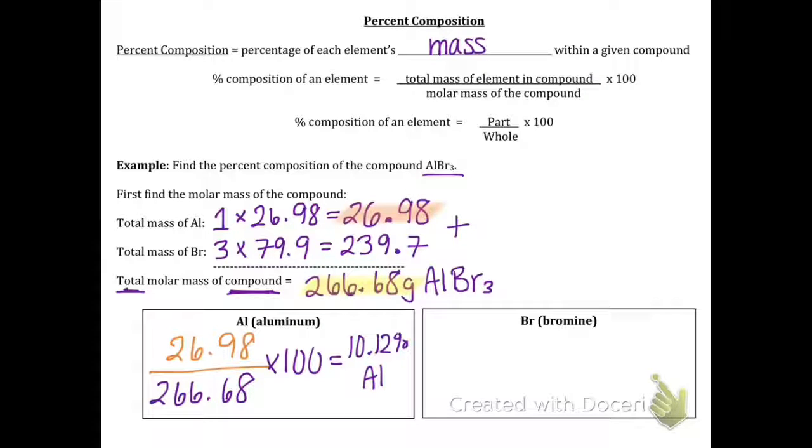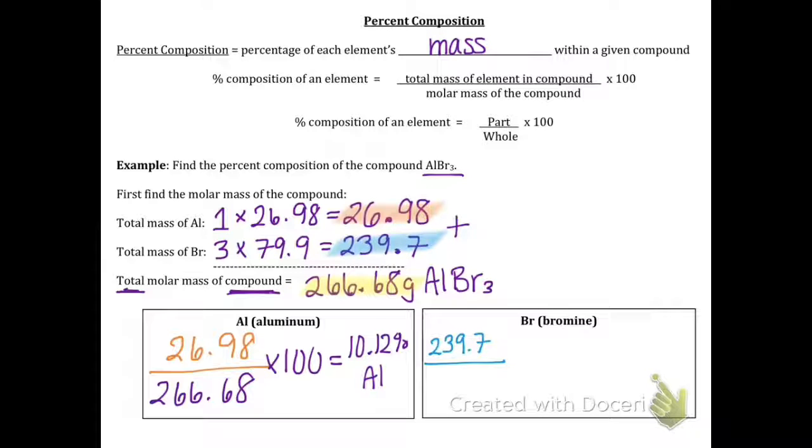All right, now let's do bromine. Bromine is a lot larger number here, so I'm going to color this blue. 239.7 is what we're going to write down. So 239.7 divided by the total.